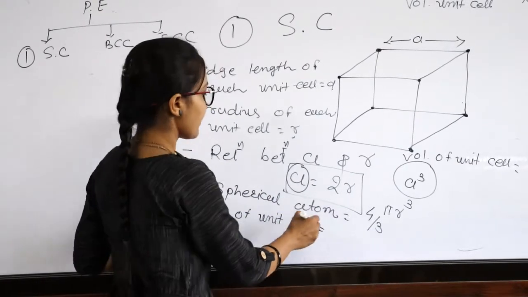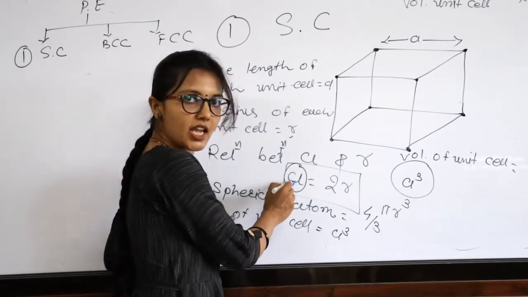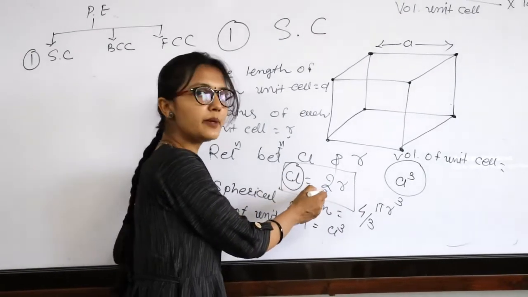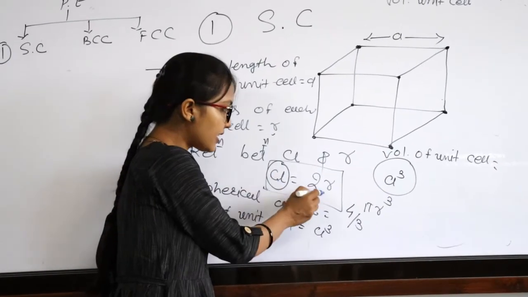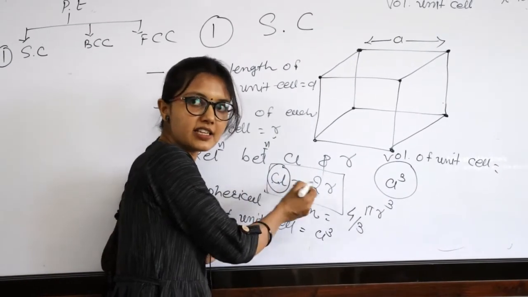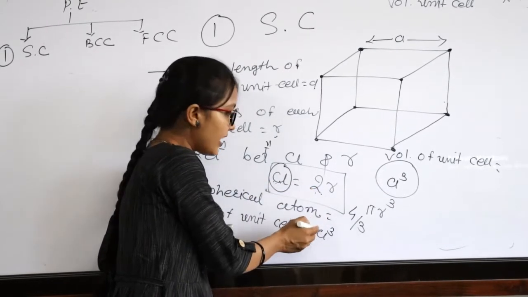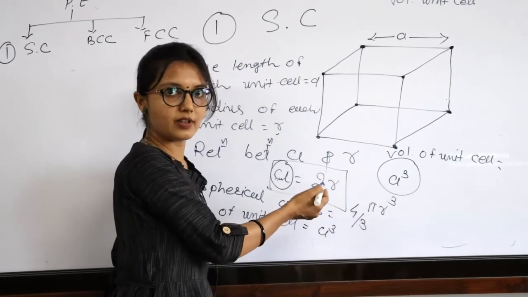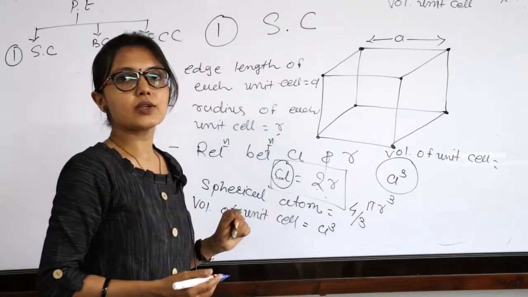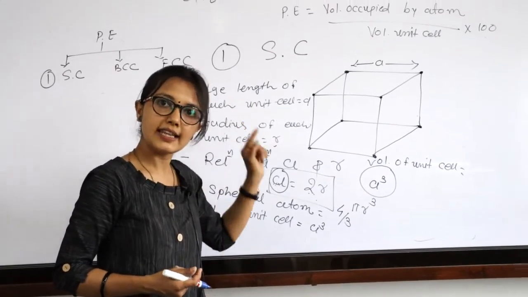That's why a cube is present, and the value of a is already present. This is the relationship between edge length and radius, and when a is equal to 2r, then a cube is equal to 2r raised to the whole cube. Clear?